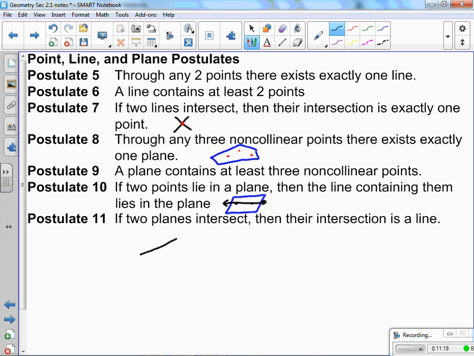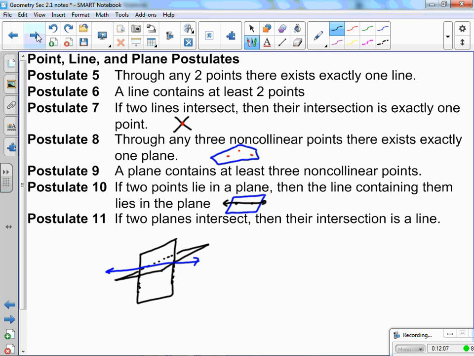So if I have 2 planes intersecting, then where they intersect, if I can draw the line in there, right, that intersection would be a line there. So something like that.